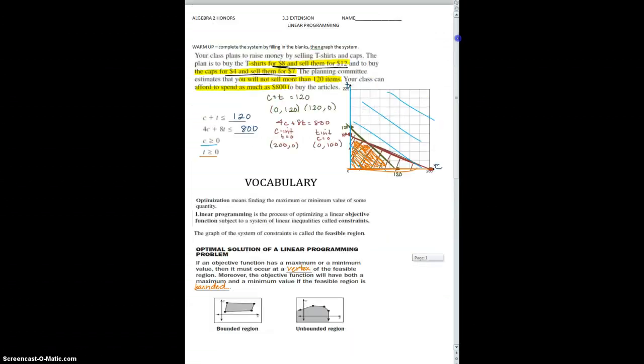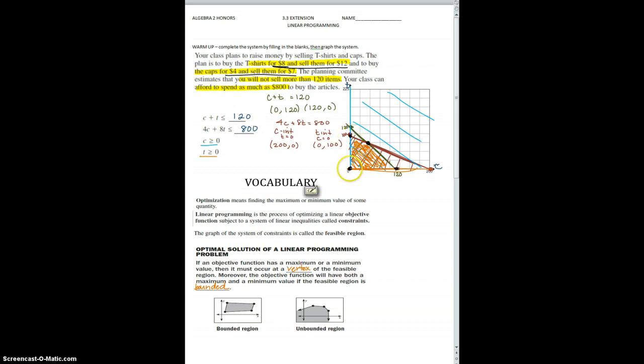We've already graphed our constraints. Now we'll need to find our vertices, plug them into our objective function, and then find out where our maximum profit would be. Going back up to your graph, the same way that we did for example 1, label each of your vertices.